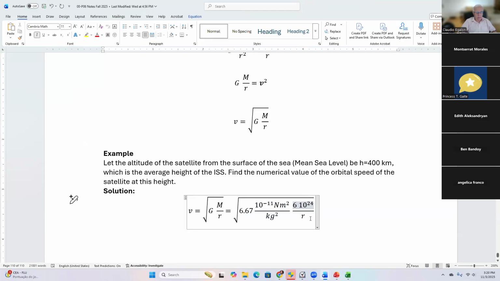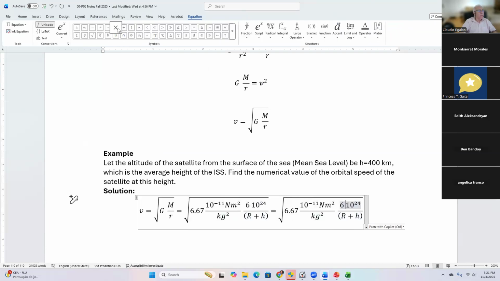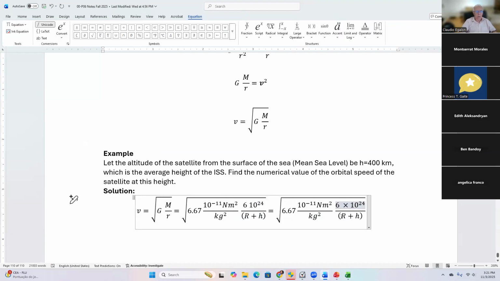And then the distance of the satellite from the center of the Earth is the radius of the Earth plus the height of the satellite. I'm going to put the multiplication sign here. The radius of the Earth is 6.37 times 10 to the 6.